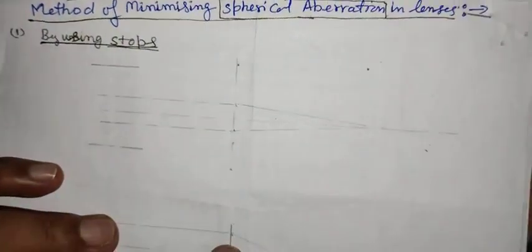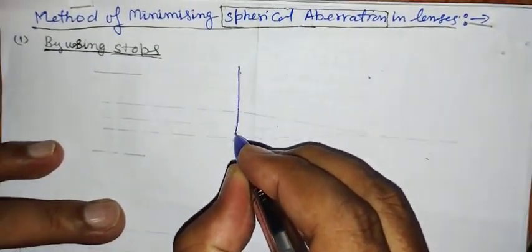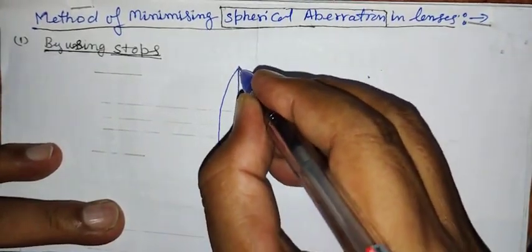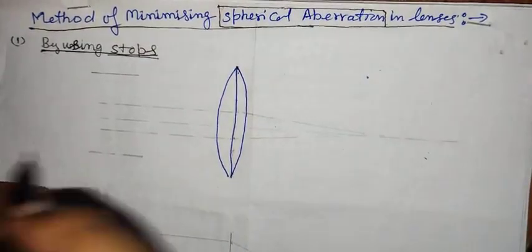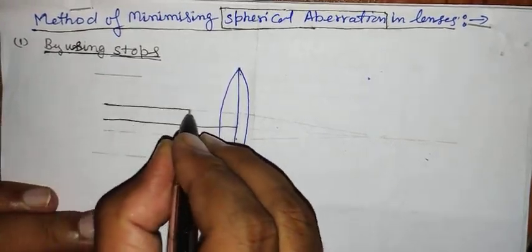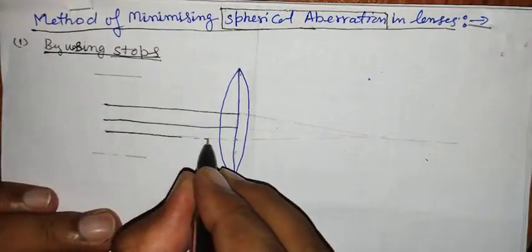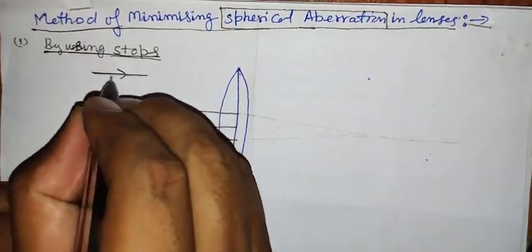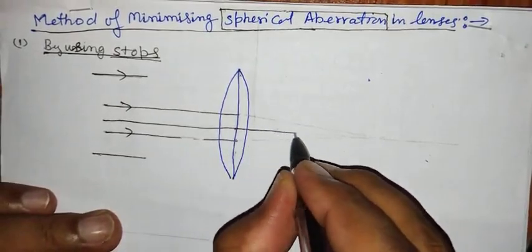So look at this diagram very carefully. Let us consider a convex lens, and consider parallel rays of light. This is the principal axis.